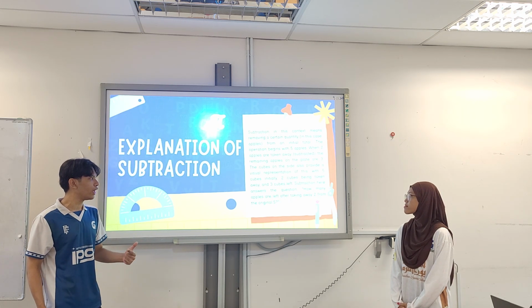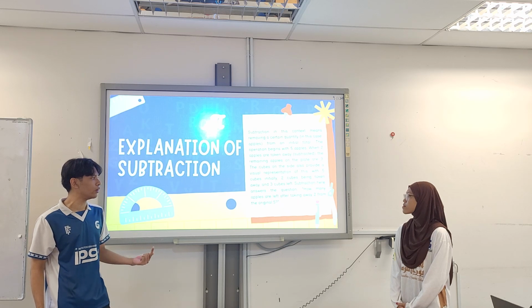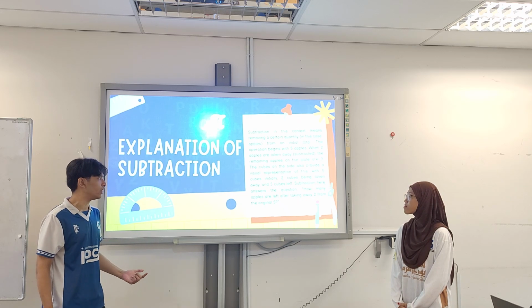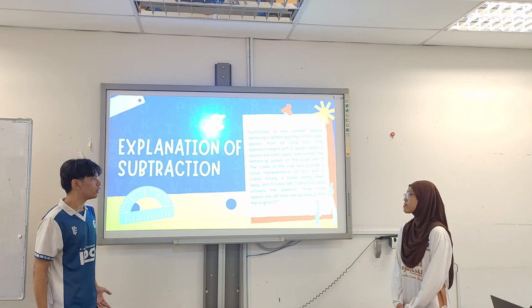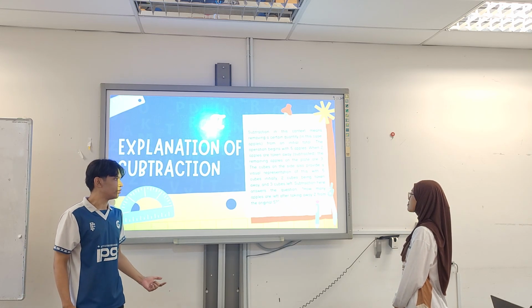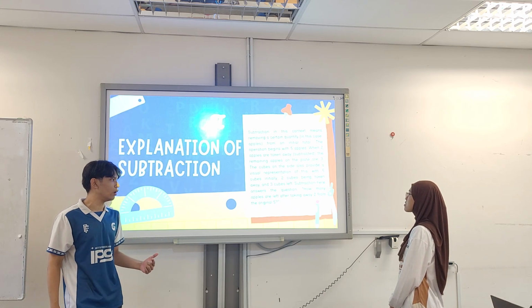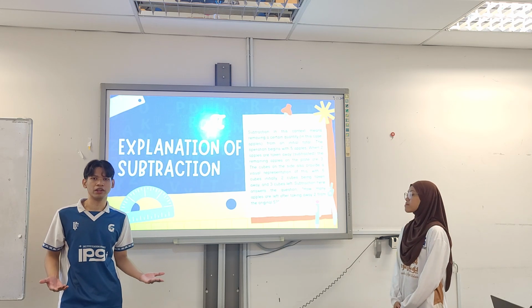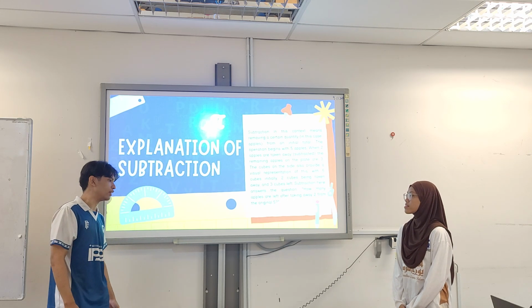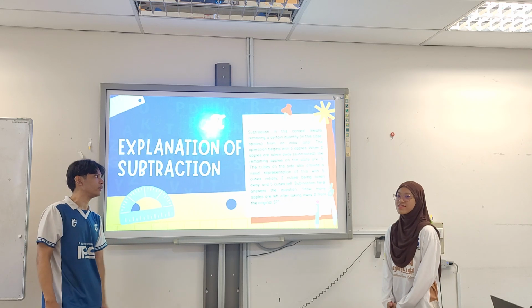So the cubes on this side also provide a visual representation of this, with 5 cubes initially, 2 cubes being taken away, and 3 cubes left. So subtraction here answers the question of how many apples are left after taking away 2 from the original 5. Okay, so we're going to the next question.